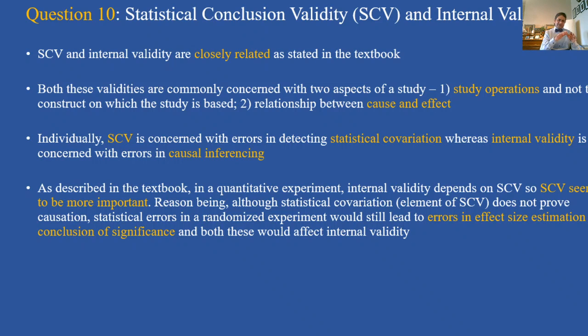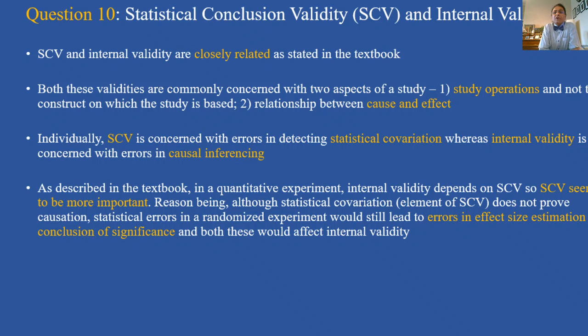So they are mainly concerned with the operationalization of the study and not the construct. Second, both are concerned with the relationship between the treatment and the outcome, the cause-effect relationship. Individually, statistical conclusion validity is concerned with errors in assessing statistical covariation between cause and effect. That's what statistical conclusion validity is all about, while internal validity is concerned with causal inferencing.